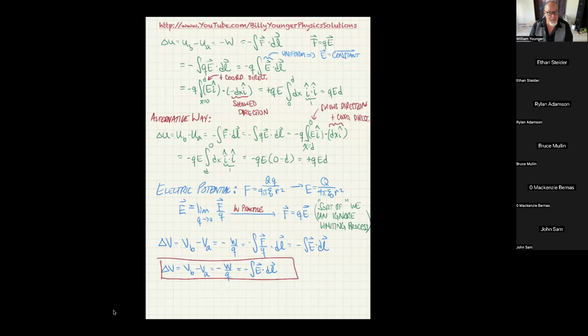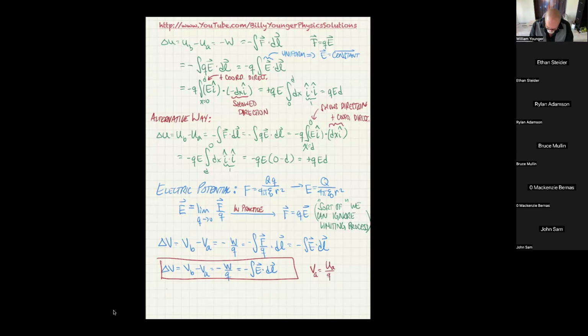So ultimately what that tells us, if you look a little further, you can see that V, let's say VA, is actually going to be UA divided by q.